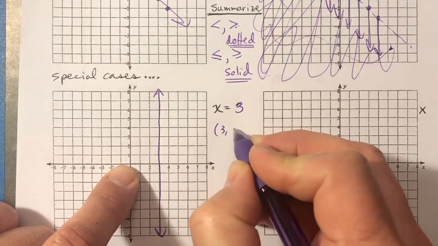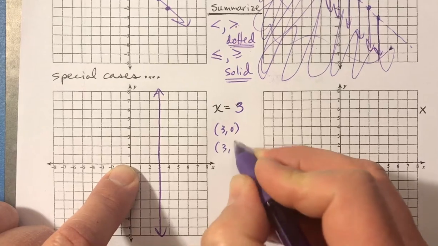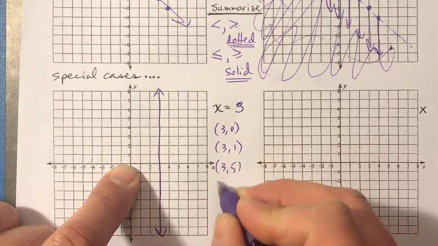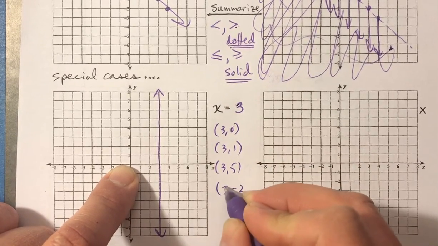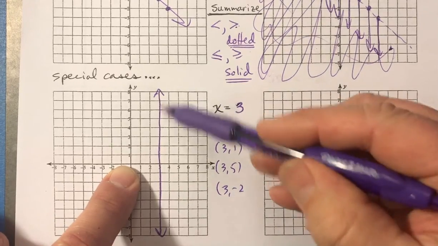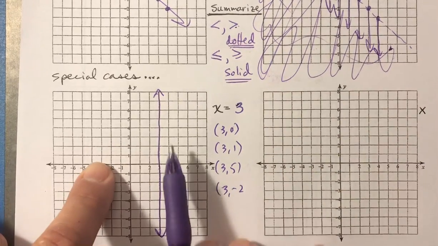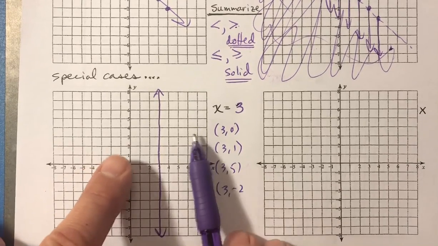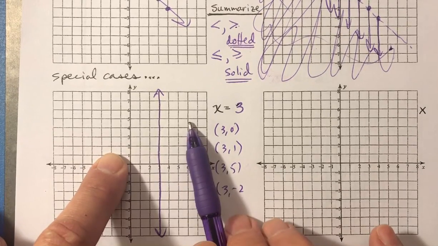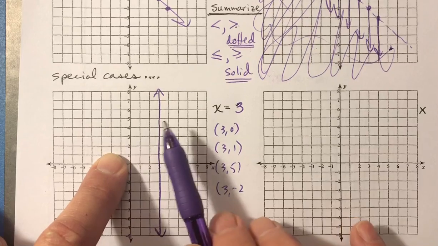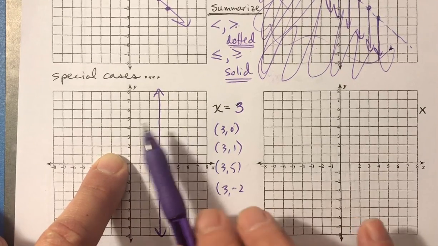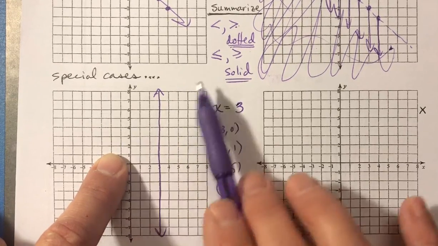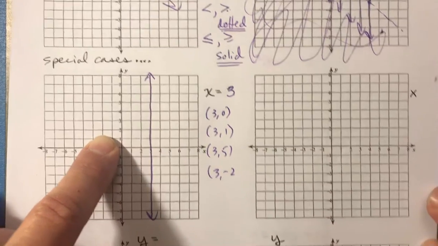We could have points like (3, 0), (3, 1), (3, 5), (3, negative 2). These are all points on this line. But if you notice, the coordinate plane has been cut up into two half planes, but there isn't an above or below. There is a right side and there is a left side, but there's not an above or below.